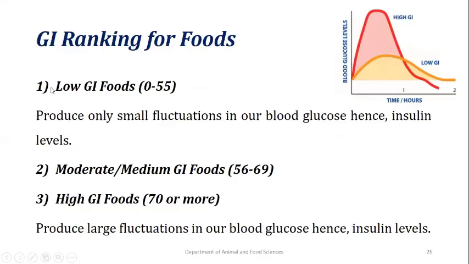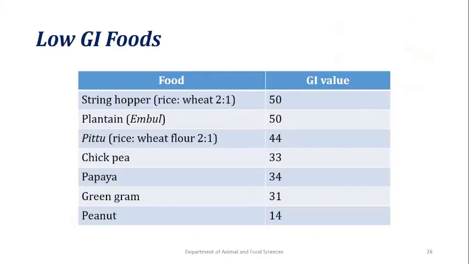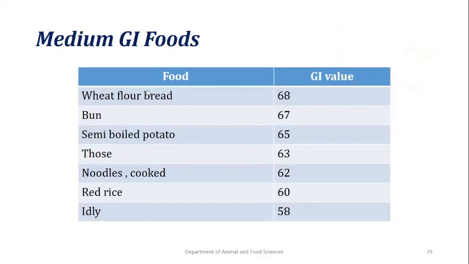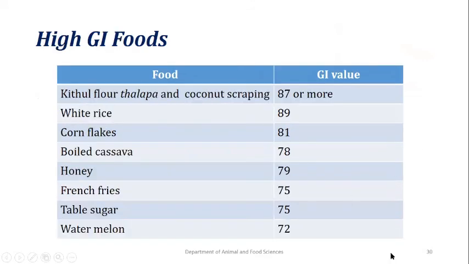But sometimes we will not eat 50 gram of a particular food. For example, watermelon. According to this classification, watermelon is a high GI food. But sometimes we may not eat exactly 50 gram of watermelon. The GI value is calculated for 50 gram of watermelon.